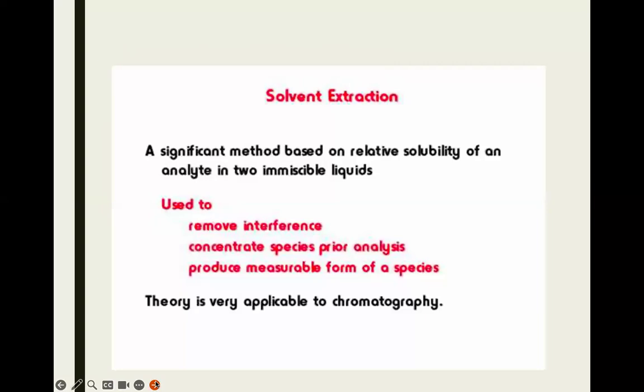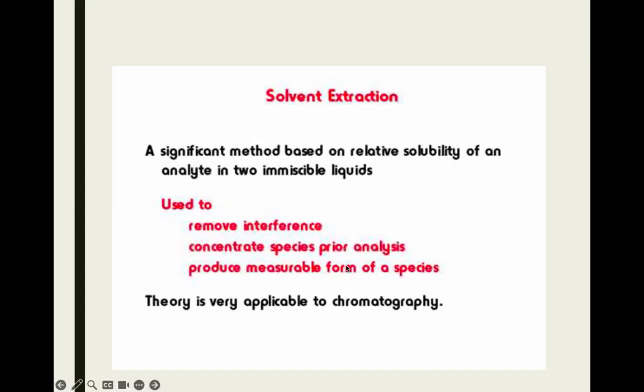Okay. So as I mentioned just now, solvent extraction is used for sample preparation, for pre-concentration, and to remove interference. It is also possible to derive a new measurable form, derivatization. If you are to use GC, gas chromatography, you need the sample to be volatile, because if you don't have enough volatility, then you cannot use gas chromatography.